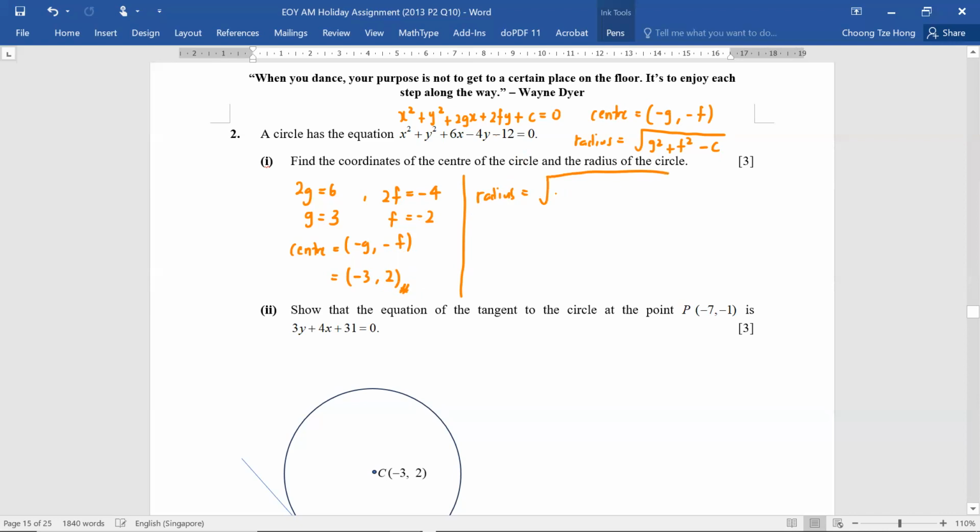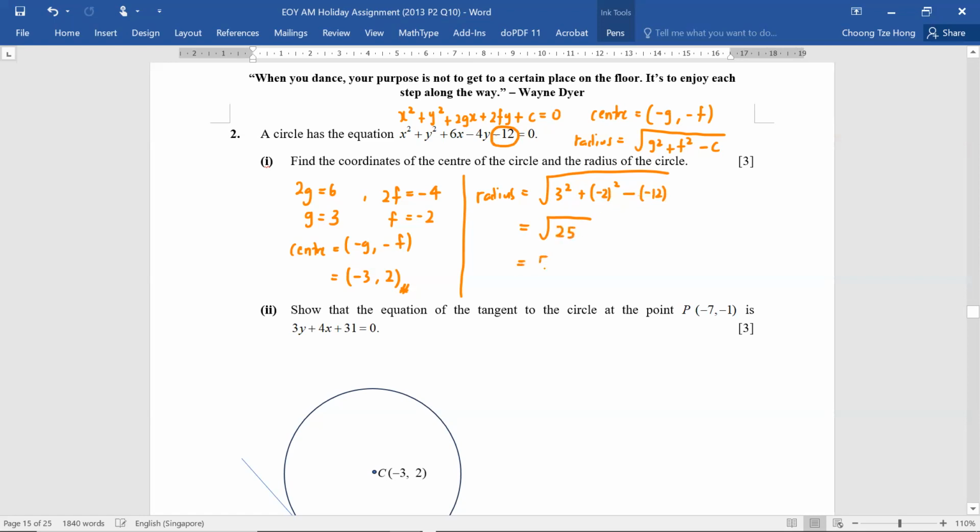So the square root of g squared, in this case g is 3, f is negative 2, and then be careful now, c is over here. You must include the negative sign, so c is minus 12, so minus c will be plus 12. That will give us the square root of 3 squared, 9, plus negative 2 squared, 4, plus 12, so 25.